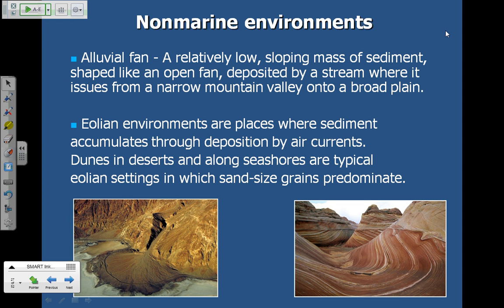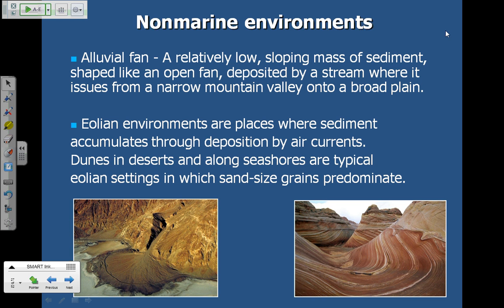Aeolian environments are just areas where wind is the predominant depositional agent. Sometimes, those sands which are blown by wind, very, very pretty. These are out in Utah, and some really interesting scenes from places like this.